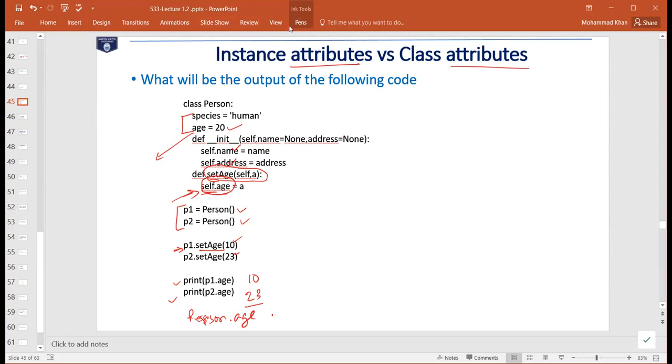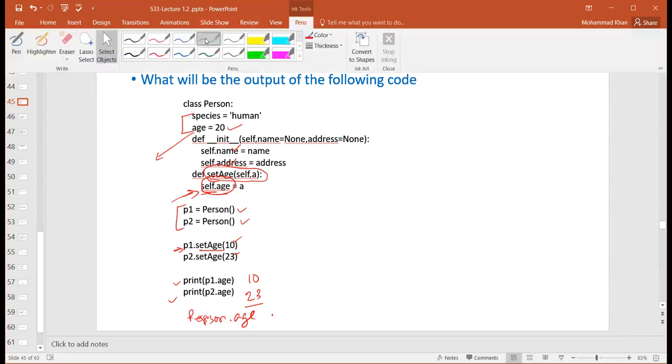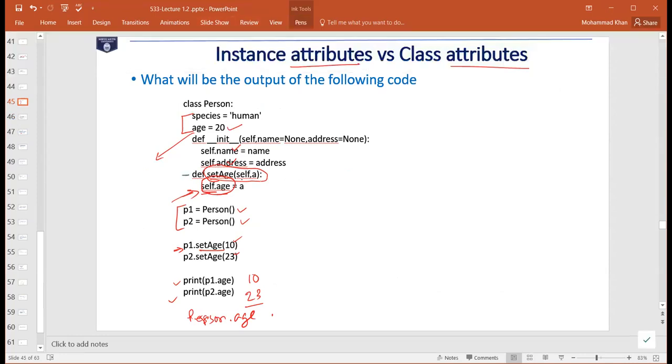This method set age created a new variable self.age. This variable was not created inside init. Inside init we only declared name and address, but inside set age we declared a variable age.